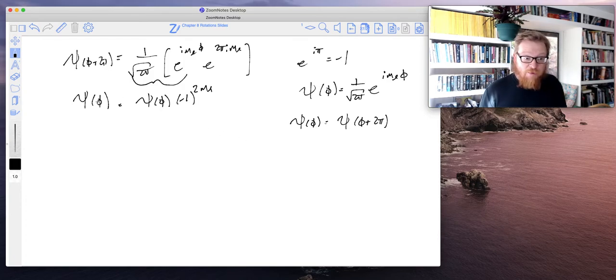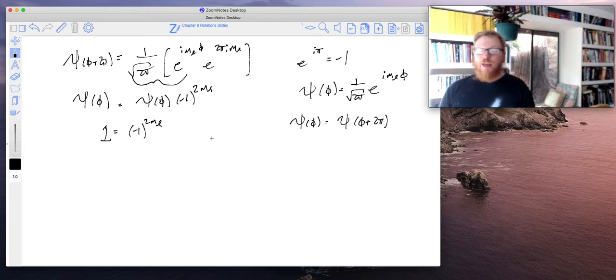Then I can cancel the psi of phi, because it's 1 and 1. And so now I get 1 equals 1 times -1 raised to the 2 m_l power.